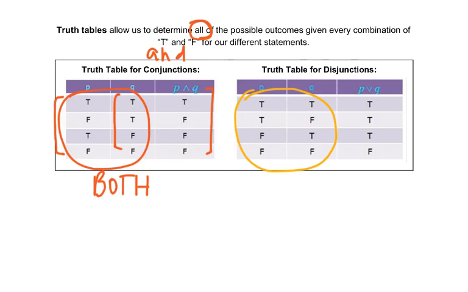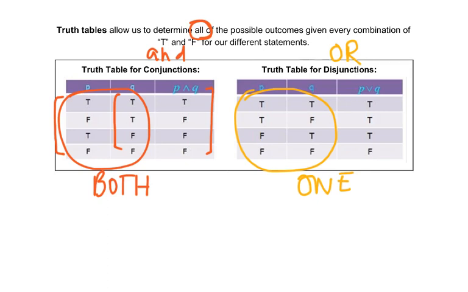But now our last column is going to look a little different because this is our P or Q, because now we're looking at disjunctions. So our disjunction is our or, and that just means that one of them has to be true. So that's going to get us true for our first row because both P and Q are true.